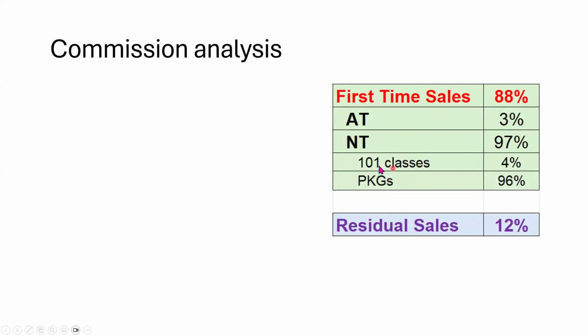Of the NT, we have our classes and we have our starter packages. And you can see that classes only make up 4% of our NT sales, whereas packages make up 96%. So that's really important because what's going to happen with OpenCart is the NTs are most likely just going to buy directly through the shopping cart, through the Woo shopping cart, without going through Sierra as a gatekeeper.